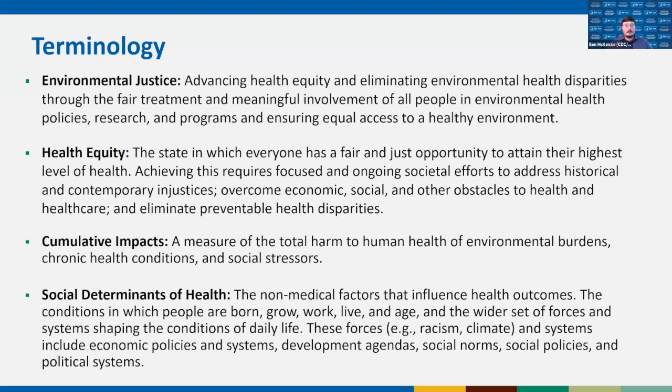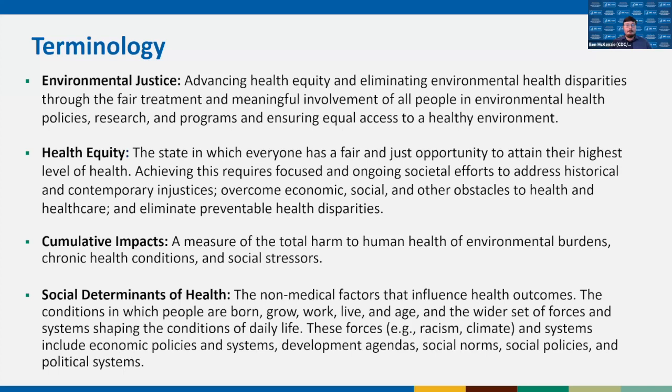Addressing the social determinants of health with the goal of promoting health equity is a key focus of Healthy People 2030, which is the U.S. Department of Health and Human Services flagship framework of 10-year goals and objectives for the nation's health and well-being.